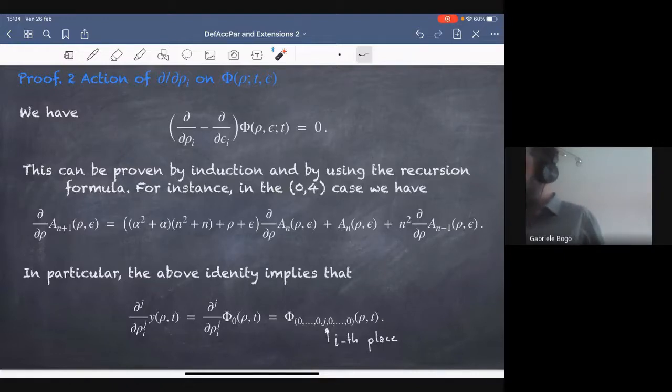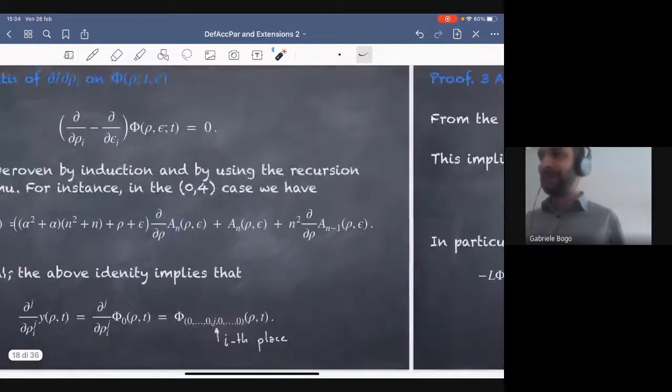What I want to stress is that we started with indices 0, and on the ith place, the index is raised to j. So what the derivation with respect to the accessory parameter is doing on our holomorphic solution is sort of raising the index in this way.